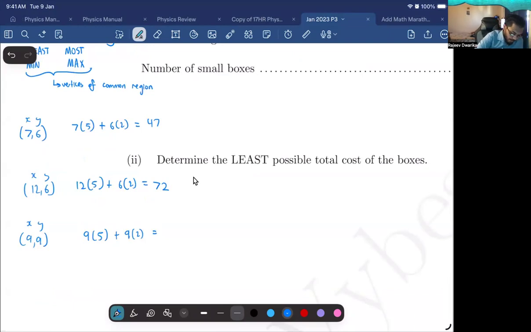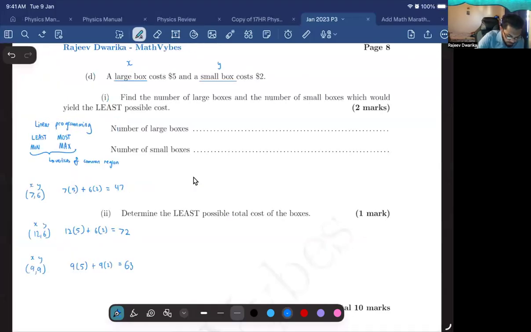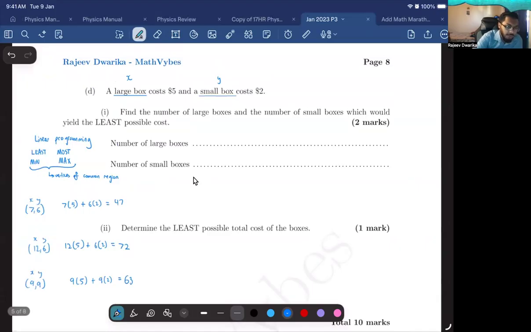63. Okay, so which one yielded the lowest cost? The (7, 6). Right, so the number of large boxes will have to be what? Now remember, x represents large boxes, right? 7.